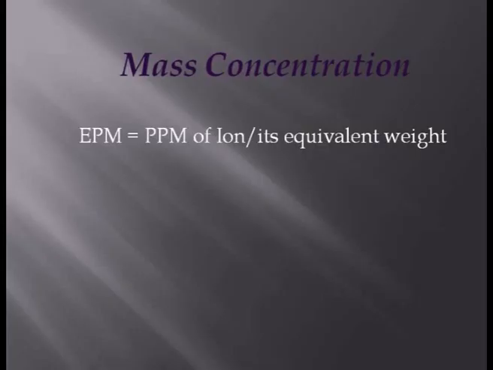So, we can convert milligram per liter or ppm into EPM. For the conversion of ppm into EPM, the formula is EPM equals ppm of ion divided by its equivalent weight, and equivalent weight is determined by the atomic weight divided by valency. So, by weight or by chemical equivalence we report the chemical analysis results.